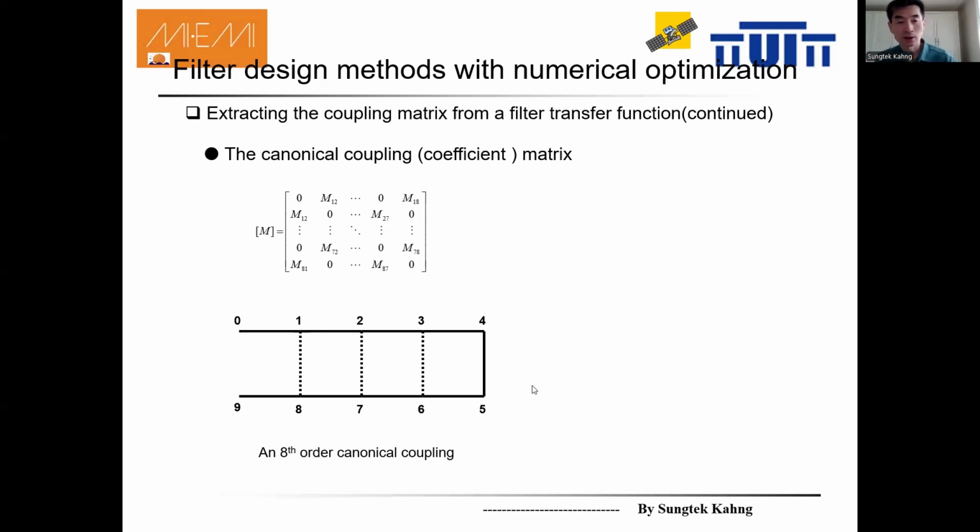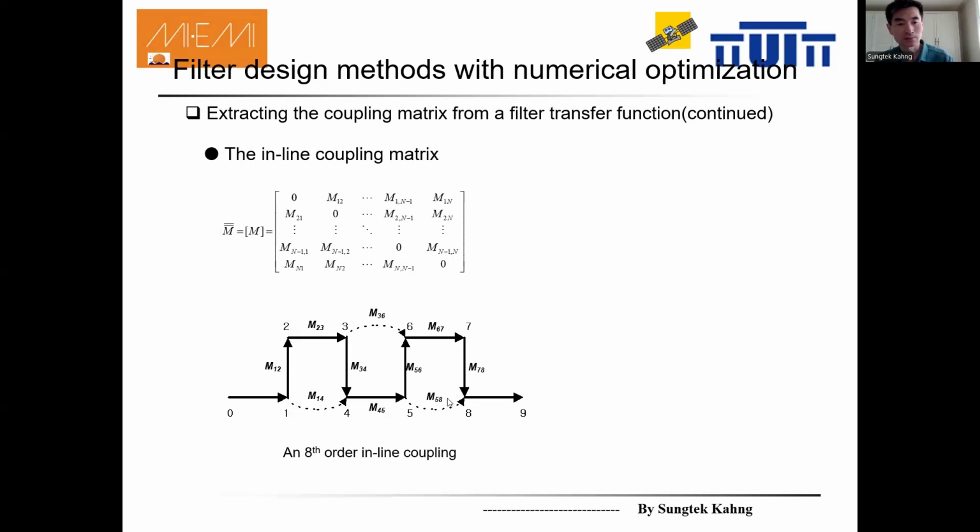If you want this configuration, mostly what you do in coupling matrix-based filter design is start with canonical coupling, then going through matrix rotation, you will try to reach the final configuration you would like to have, like this.